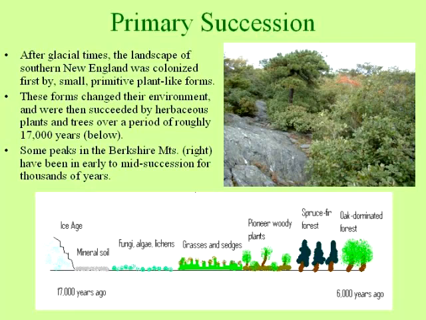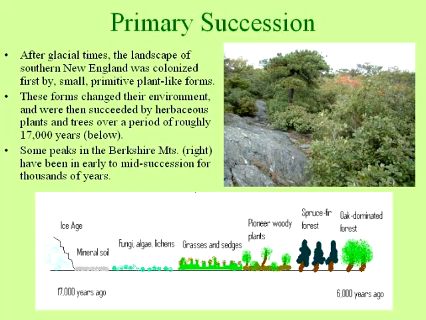Also, things like lichens and algae and mosses colonize these environments, and as they colonize them, they're changing that environment. The production of organic acids by these plants can start dissolving the rock, and once that happens, then you have, over a long period of time, the development of soil.